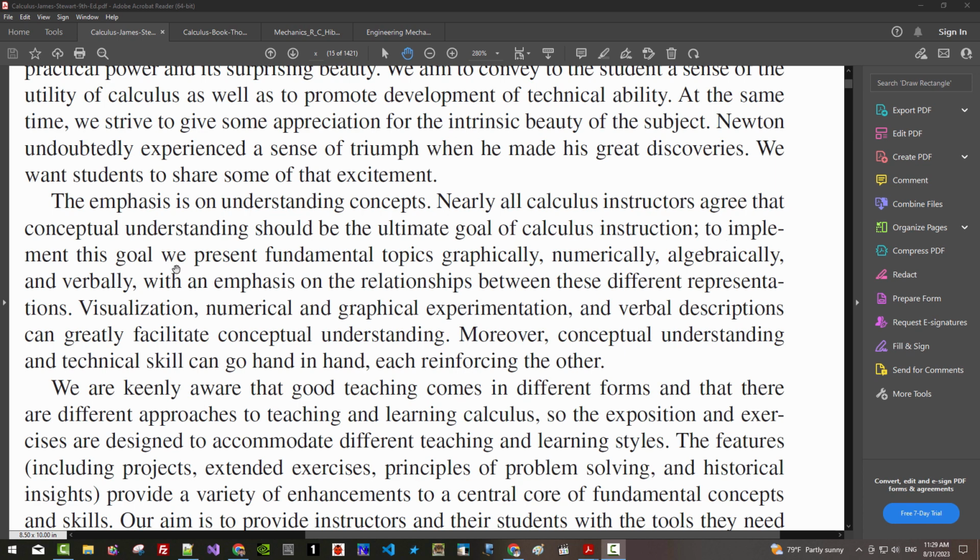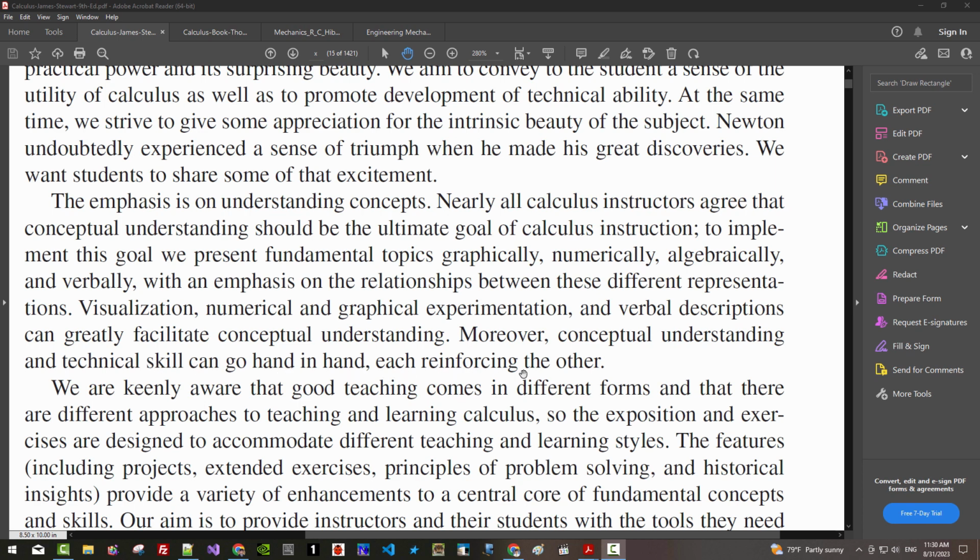To implement this goal, we present fundamental topics graphically, numerically, algebraically, and verbally, with an emphasis on the relationships between these different representations. Visualization, numerical and graphical experimentation, and verbal descriptions can greatly facilitate conceptual understanding. Moreover, conceptual understanding and technical skill can go hand in hand.